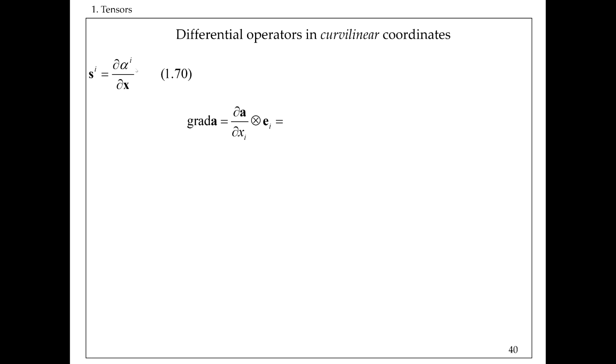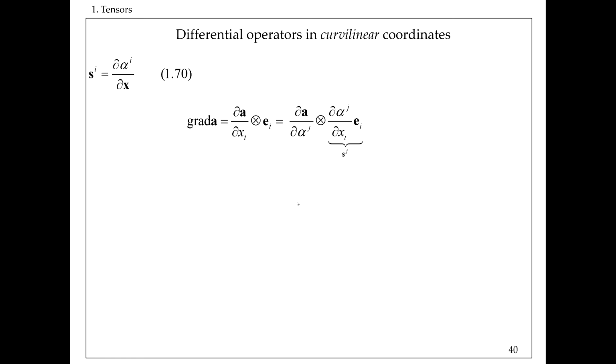For cylindrical coordinates there was an angle phi, there was a radius, and there was a height z, right? Now using the chain rule, we write this dA dx expanded as dA d alpha times d alpha dxi, and this can be moved here because this is a scalar, and basically the tensor product only applies to what is bold, to dA and e here.